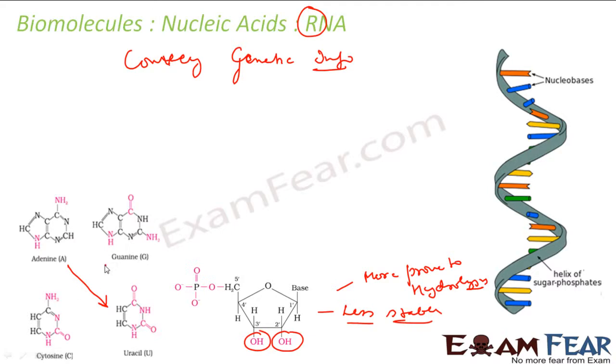And guanine with cytosine is the same, but uracil is here now instead of thymine. We'll see why. Thymine and uracil are almost the same, only thymine has a CH3, here it is H. Since it has OH, it is a little unstable and will not be able to hold thymine, so it holds uracil, almost similar. And we'll also talk about the RNA-DNA link, how DNA and RNA are linked.